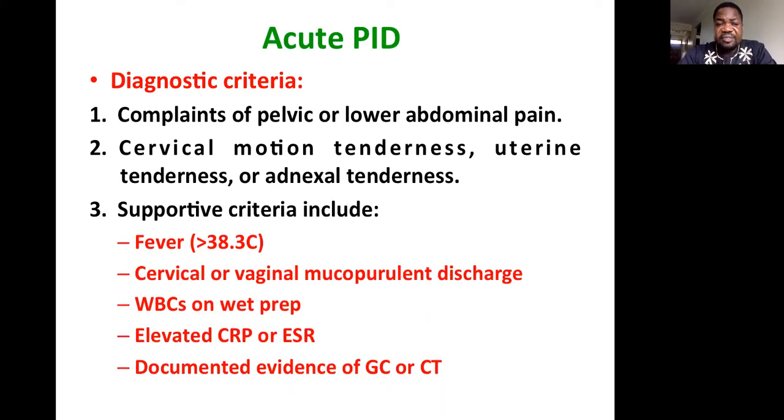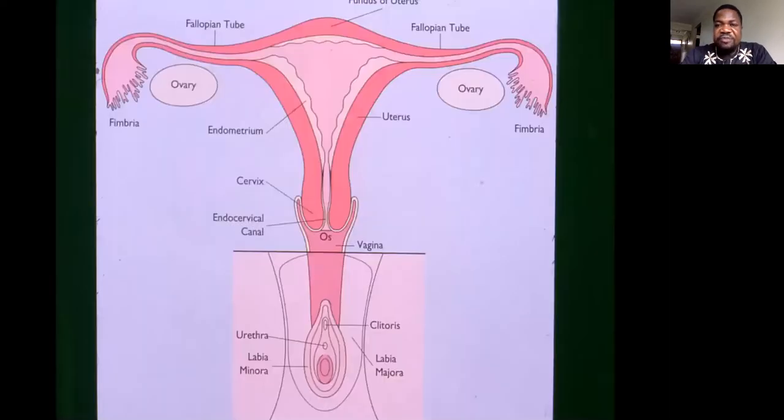The other supportive criteria are a high fever above 38.3 degrees, cervical or vaginal mucopurulent discharge, the presence of white blood cells on wet preparation, and elevated CRP, especially for acute infection. You look more for CRP, and documented evidence of Neisseria gonorrhea or Chlamydia trachomatis is found. Usually you have to take the discharge, do a PCR, and try to document the evidence of any of these infections as supportive criteria for pelvic inflammatory disease.